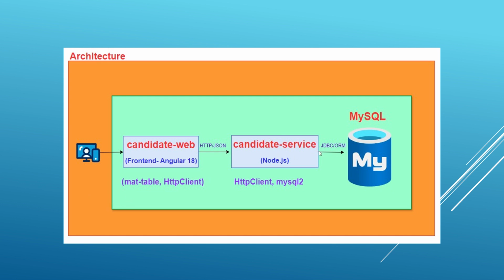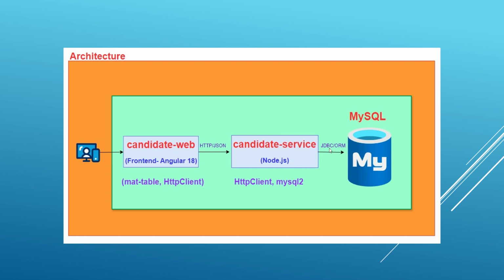On the back-end side, we are going to create our backend application using Node.js, and we are going to name our service candidate-service. In that, we are going to implement all the CRUD functionality using HTTP methods, and we are going to use the MySQL2 library, which is the latest one, so that we can connect with the MySQL database from the backend application.